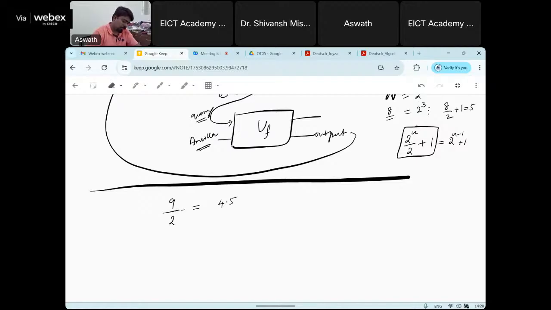So as per our notion, 9 by 2 plus 1, which is 5 plus 1, 6 attempts. So you would make 6 attempts. There is no other way, because in the worst case there is no half attempt, right?